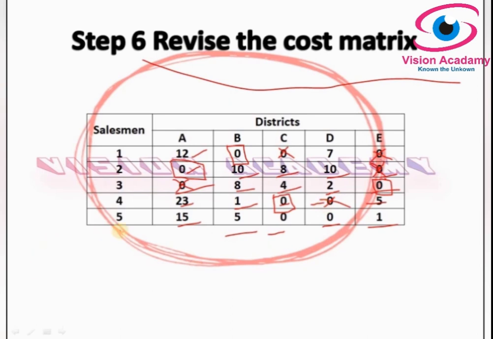Again coming to the fifth row, 2 zeros are there, I won't give a rectangle here, again to ensure only one assignment in a column. Already there is an assignment in this column, so I will give a rectangle here and cross out this zero.